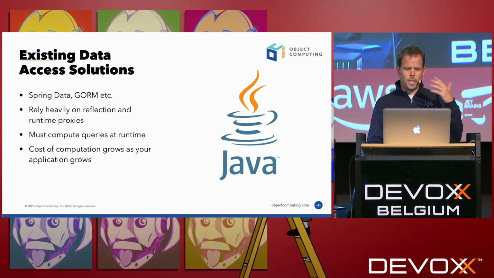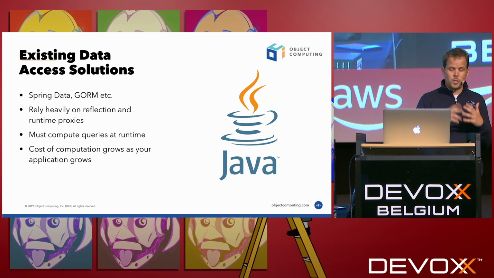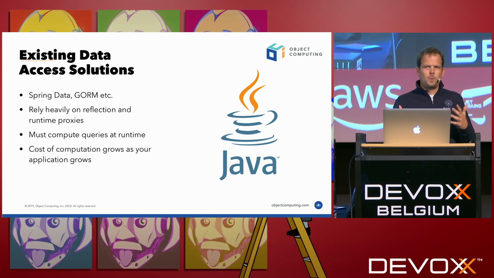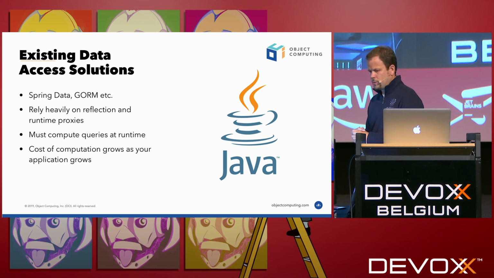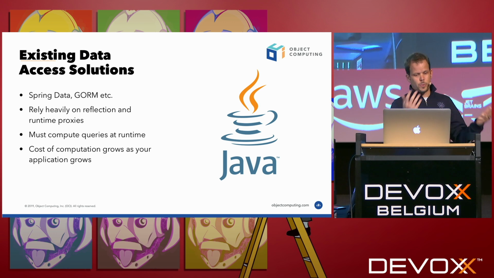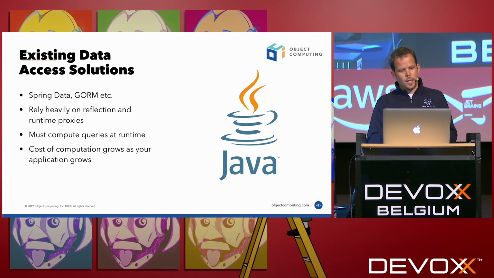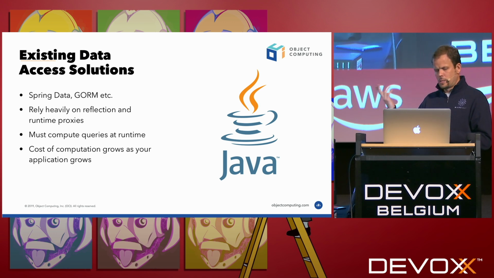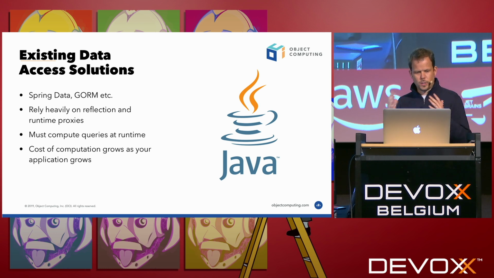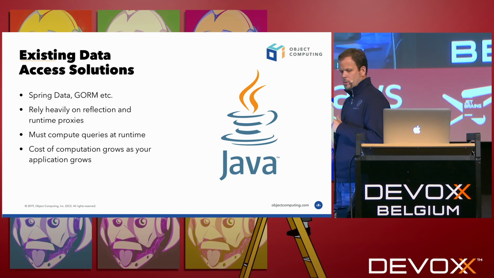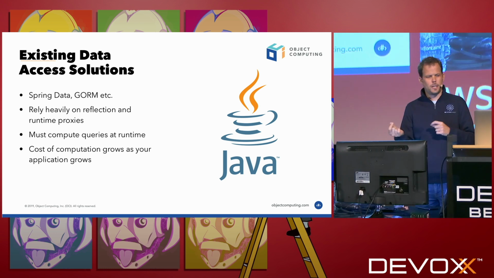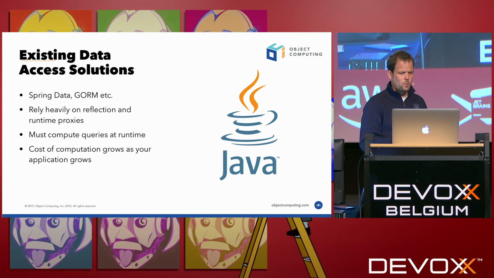So when we first released Micronaut, probably the most asked for feature that everybody kept asking us for was something like Spring Data, or something like GORM, which is Grails' data access toolkit. And both of these solutions rely heavily on reflection and the creation of runtime proxies and so forth.